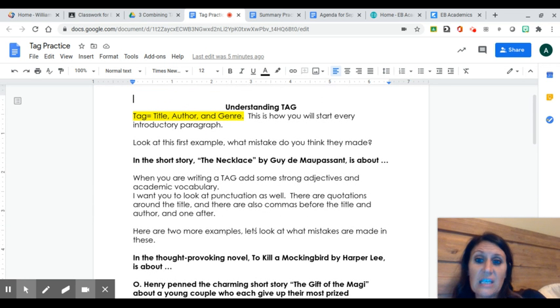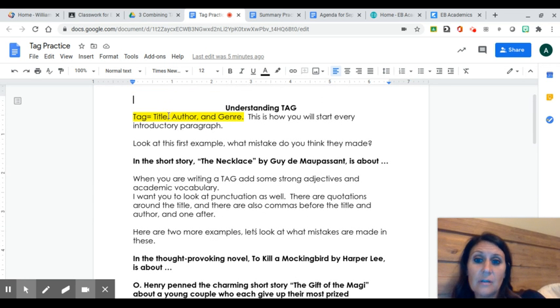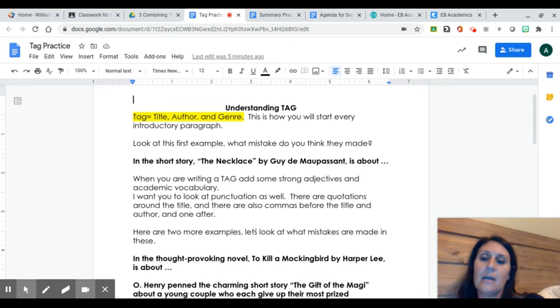So, to review, tag means title, author, and genre. The title is simply the title of whatever you read, the author is who wrote it, and the genre is simply what kind of writing it is. We're not going to get into anything complicated like is it historical fiction or realistic fiction. We're simply going to say something like this: the novel, the poem, the short story, the biography, something like that.